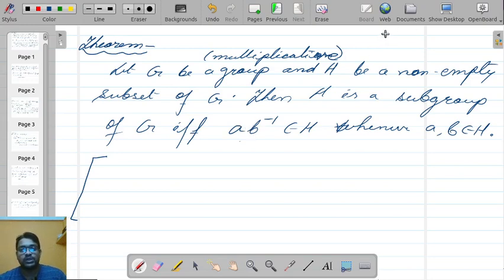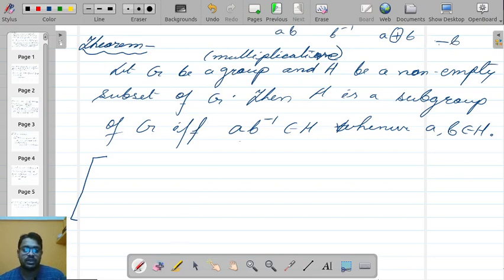There are two ways of denoting operations in a group. One is to write a plus b, even though this plus may not mean the original addition. This is called additive notation. In additive notation, the inverse of b is written as minus b, and in multiplicative notation, a b inverse will be written with b inverse.